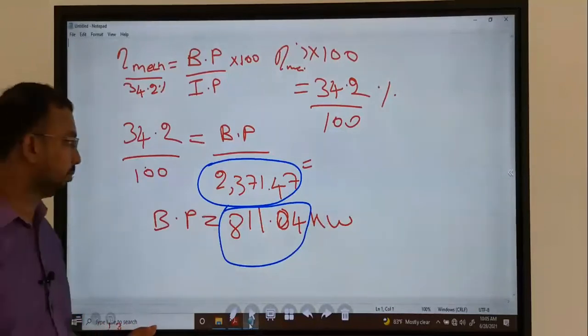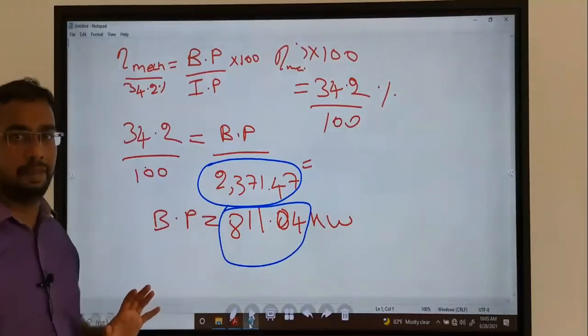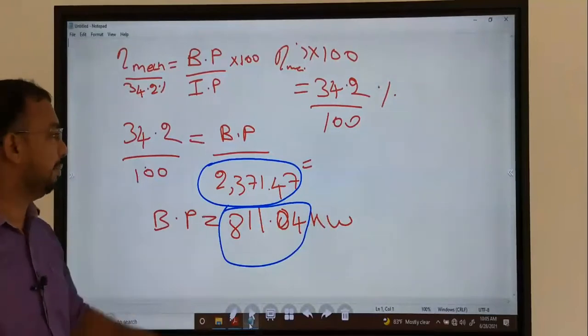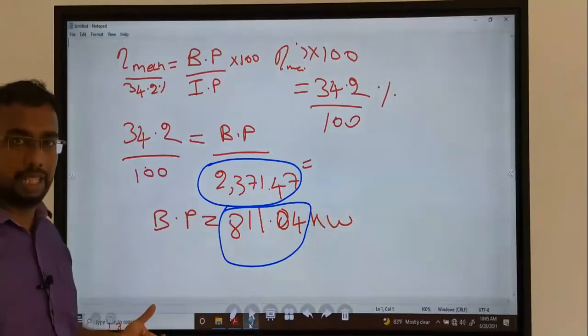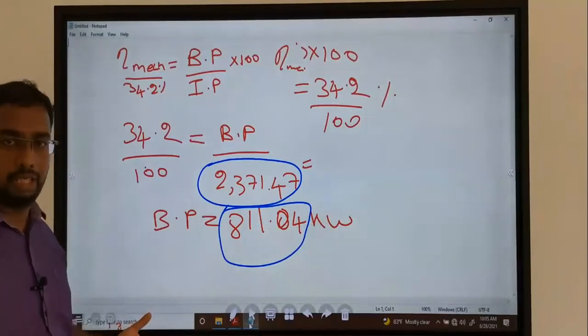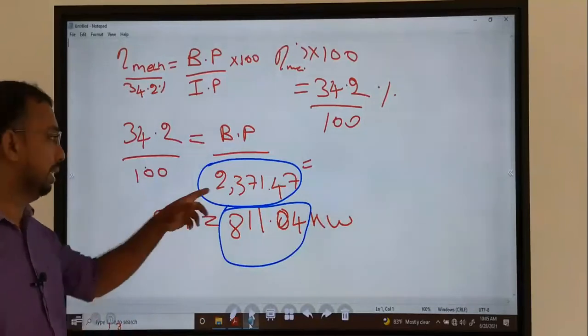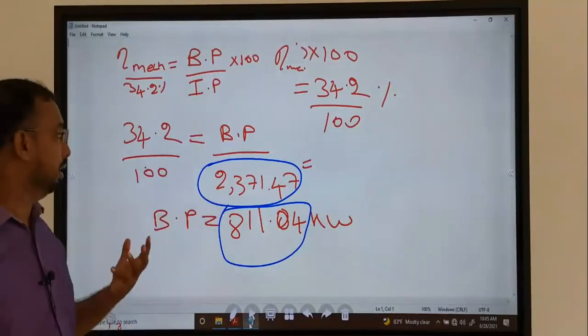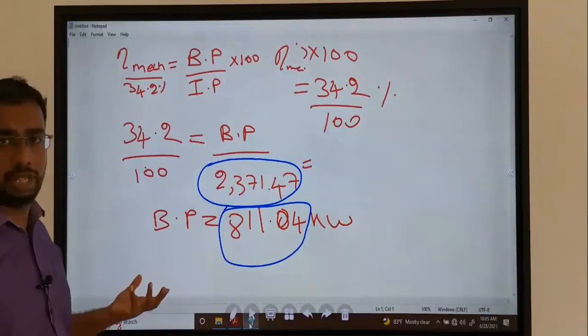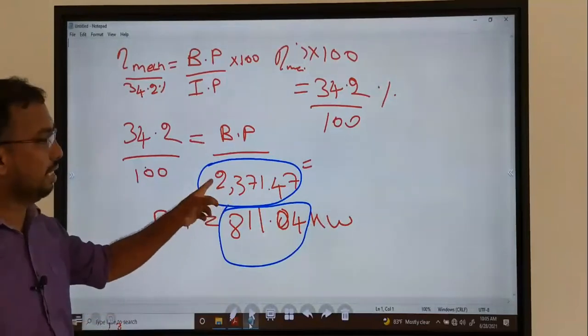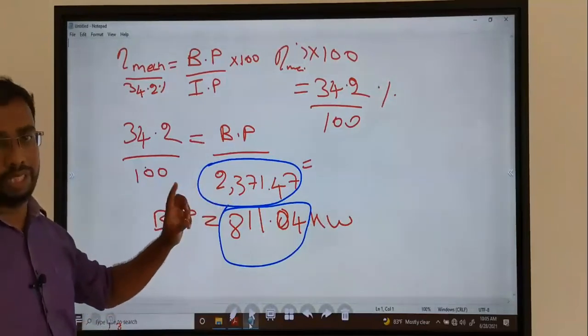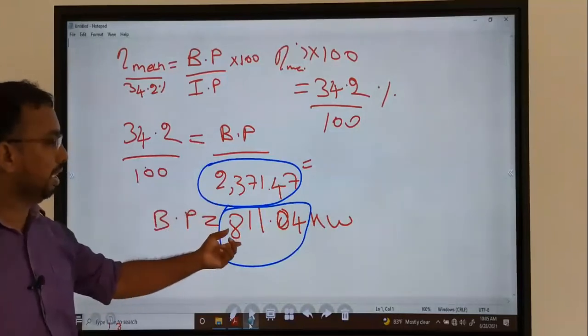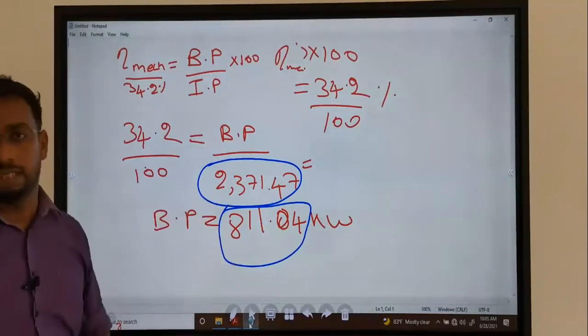I always told you the indicator power is higher than the brake power. In the beginning, the combustion gas gives power to the engine; that is the indicator power. The engine uses some of that power for its own operation, and the remaining power is the brake power.